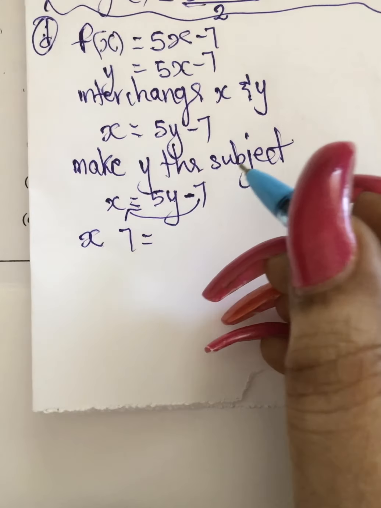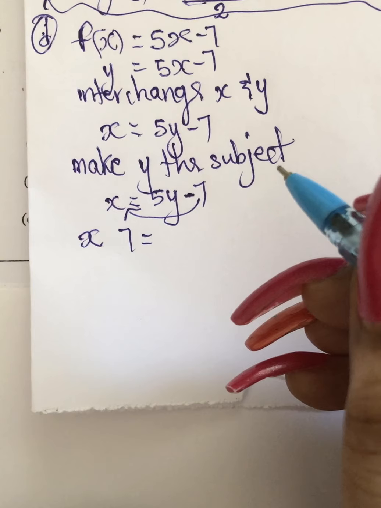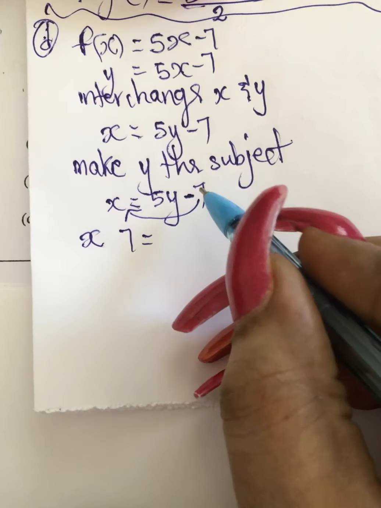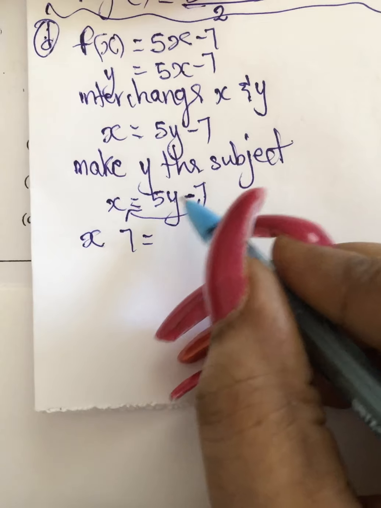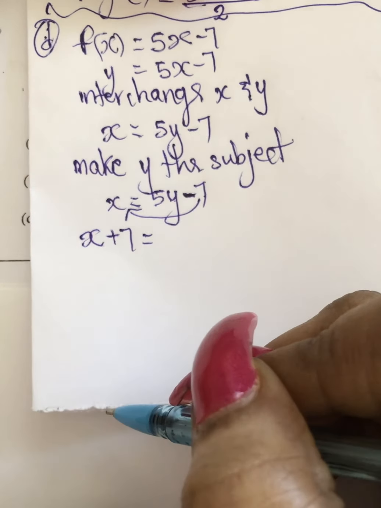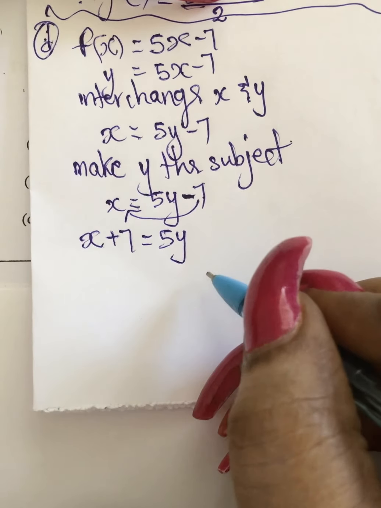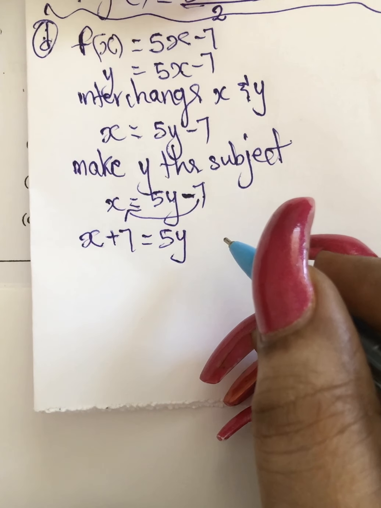Remember, whenever we take anything, be it a constant term, an algebraic expression, once you are taking it across the equal sign, its sign will change. 7 is governed by negative. So when it goes across, it will become a positive. The 5y remains 5y.